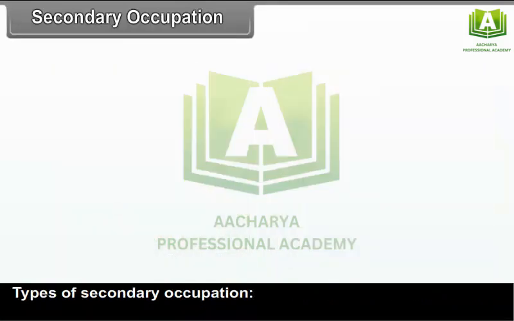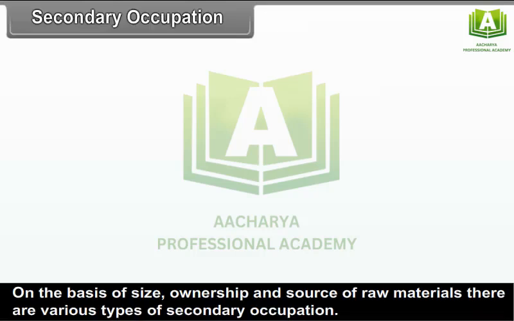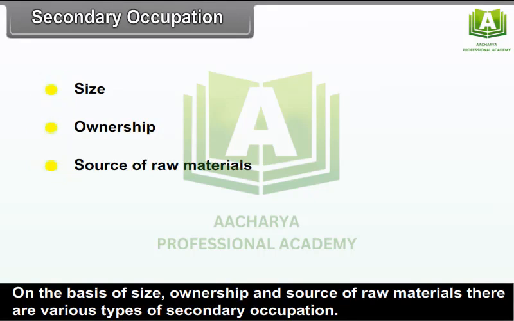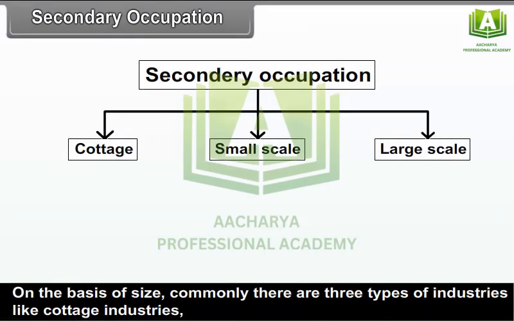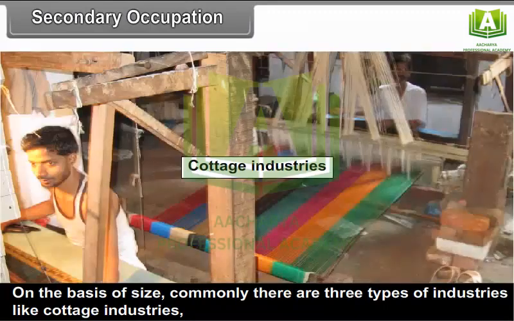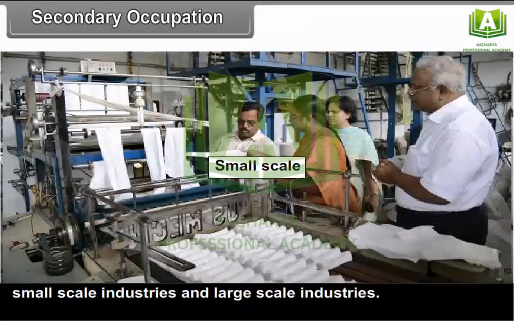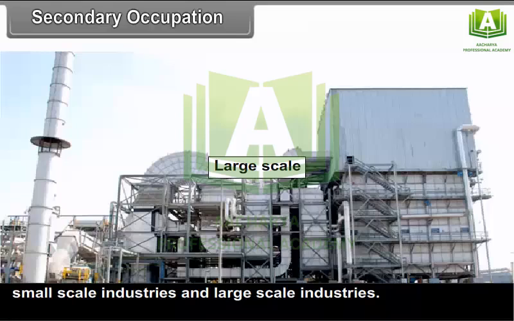Types of secondary occupation. On the basis of size, ownership and source of raw materials, there are various types of secondary occupation. On the basis of size, commonly there are three types of industries like cottage industries, small-scale industries and large-scale industries.